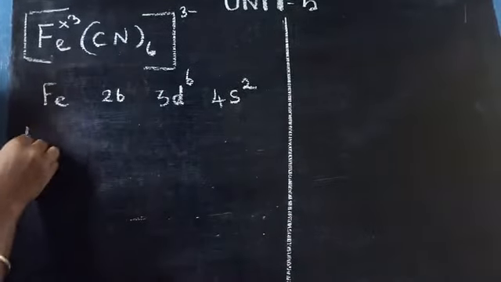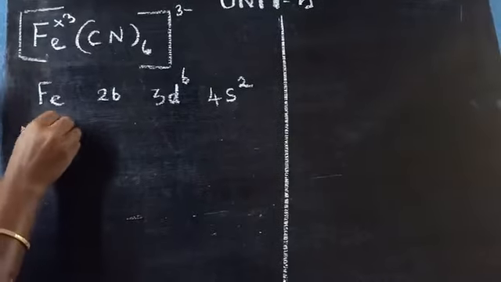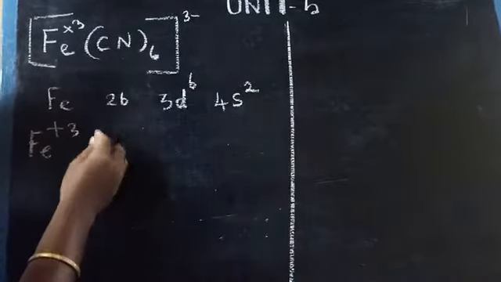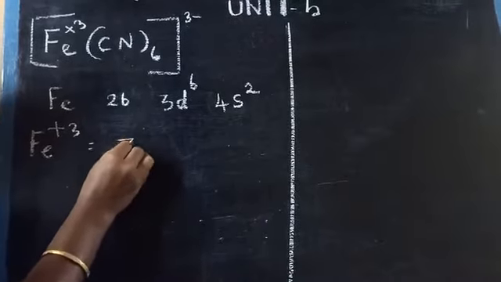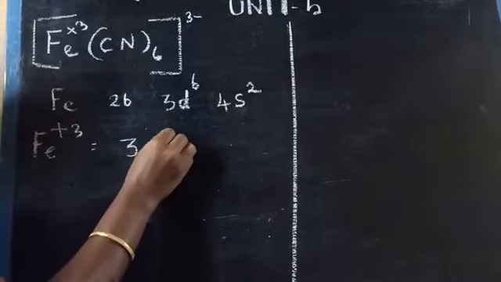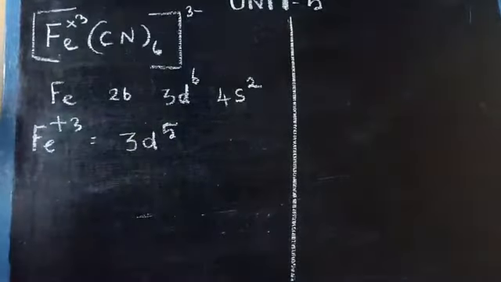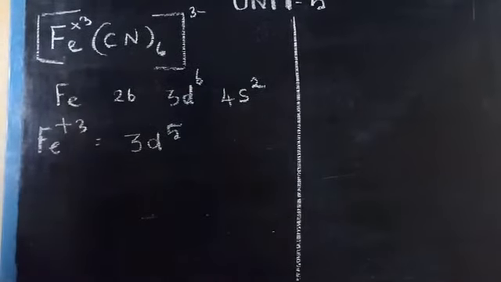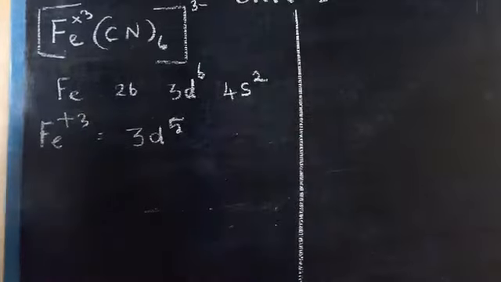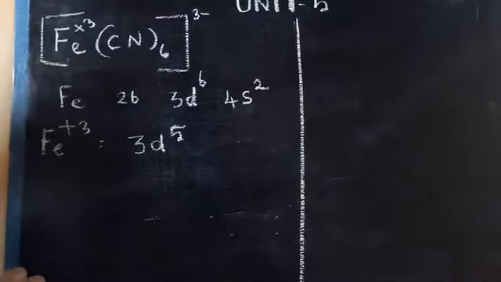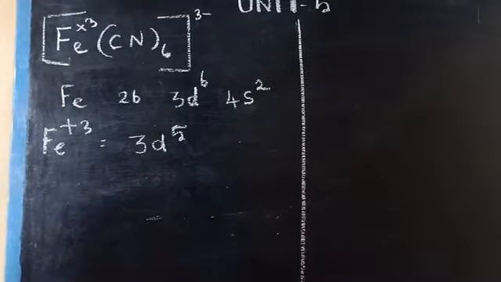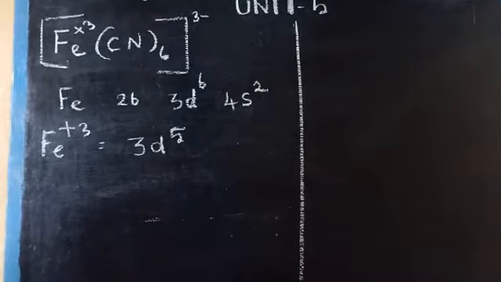Okay, now in Fe3+, 3 electrons are lost: 2 plus 1, 3 electrons are lost. Remaining 3d5. Okay, so now Fe3+ has 5 outer electrons in the 3d orbitals. Now here we apply both the high spin complex as well as the low spin complex.